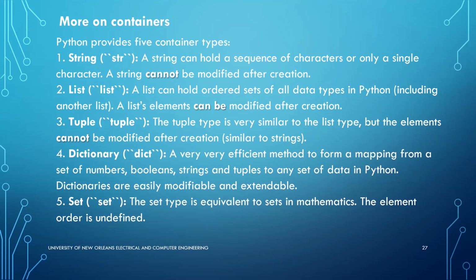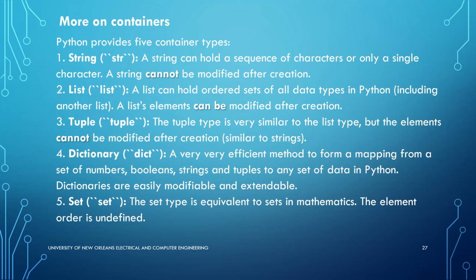And a dictionary is a very efficient method to form mappings, and is a very sophisticated way of manipulating large sets of data. And then the set is equivalent to the set in mathematics, except that in the case of Python, there's no order in the elements, and there's also no indexing supported.